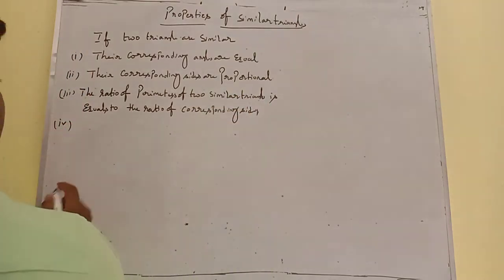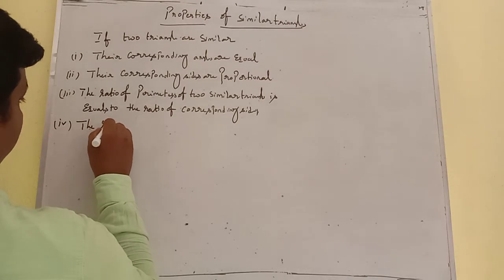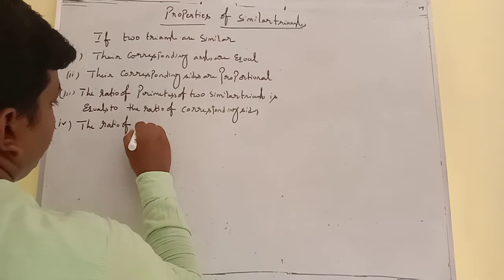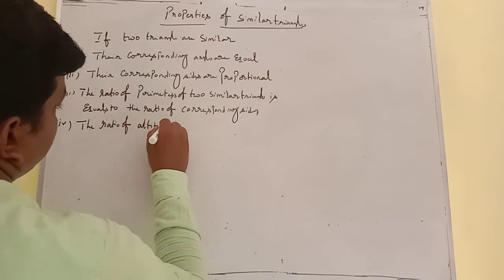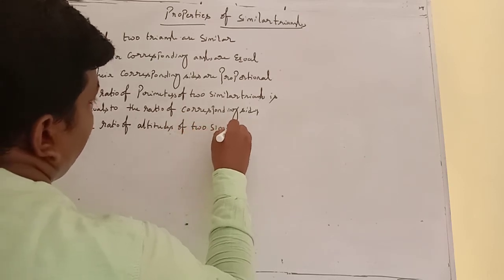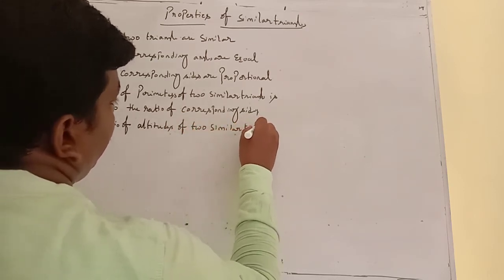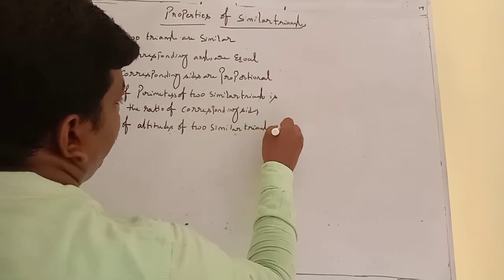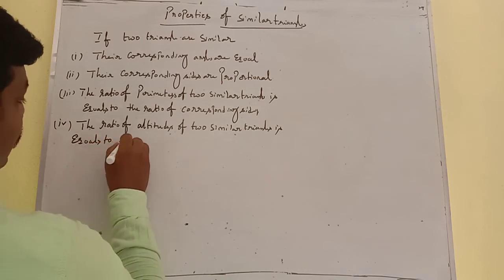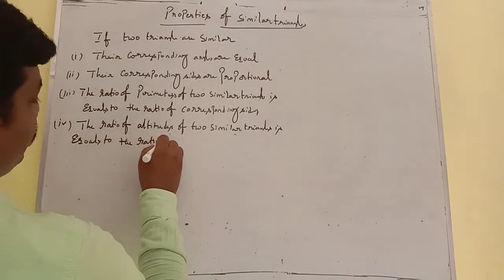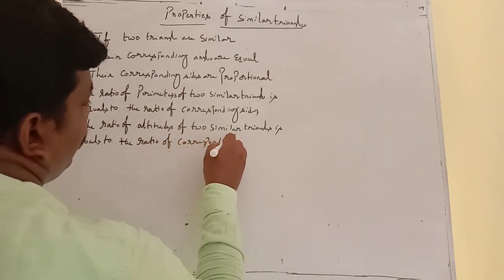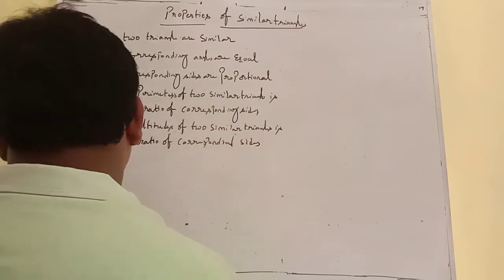Then the fourth point is the ratio of altitudes of two similar triangles is equal to the ratio of corresponding sides.